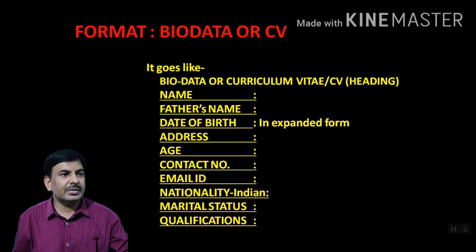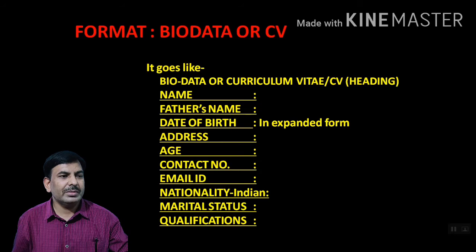Format of biodata or CV. It goes like this: biodata or curriculum vitae, which is known as CV. The heading must be written like this: the name, father's name, date of birth, address, age, contact number, email ID, nationality, marital status, qualifications.